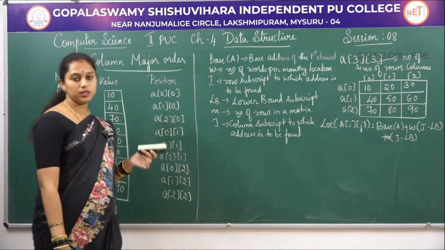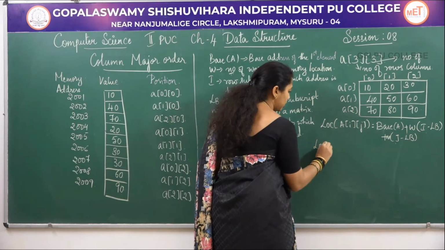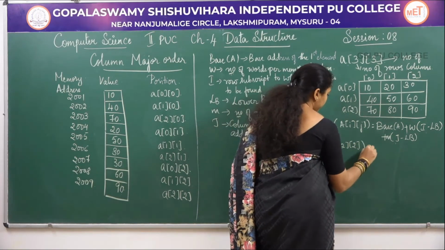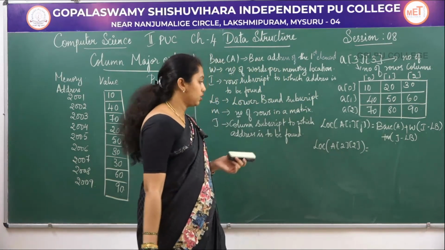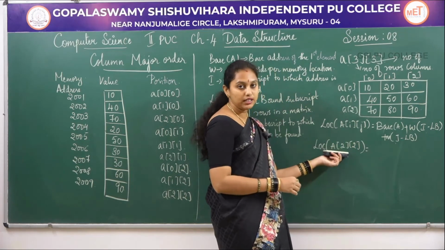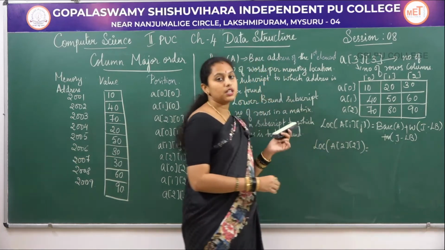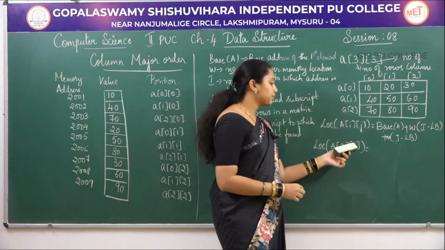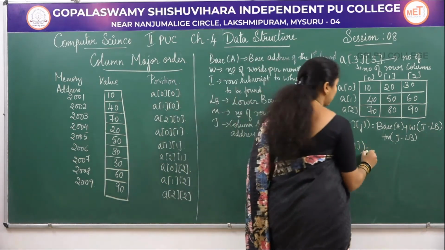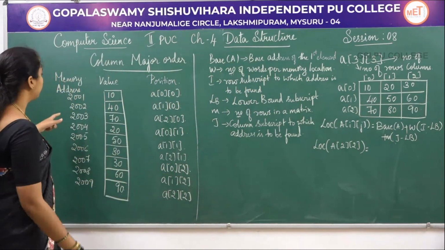So using this formula, now calculate the memory address of location A of 2 cross 2. The first index represents the value of I, that is the number of rows in a matrix, and the second index represents the value of J, that is the number of columns in the matrix, is equal to base of A. What is the value of the base address of the first element?